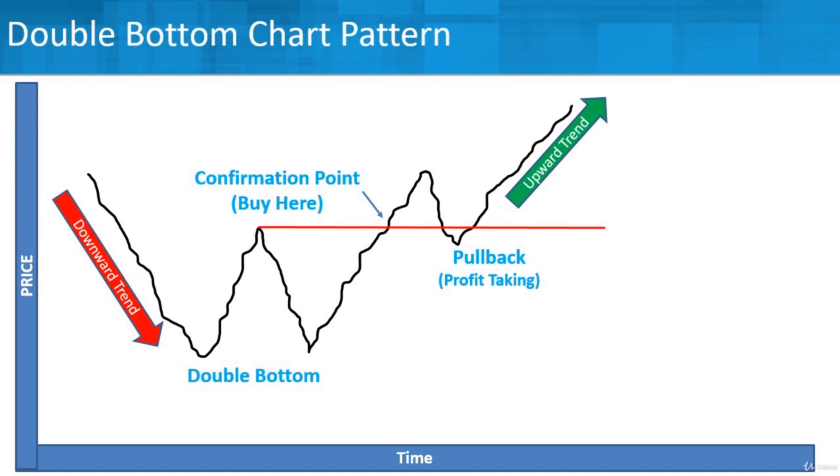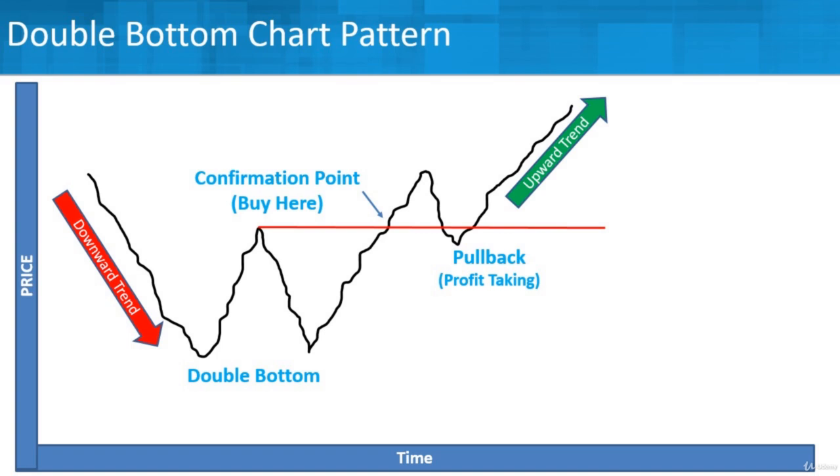Once it's broken through there, a new trend is forming, and you use your upward trend analysis when drawing trend lines. That's your confirmation point, broken through the top of the middle part of the W. You can see where I drew this line straight across, and then you're buying there after it's gone up above it a little bit, maybe over a period or two or three.